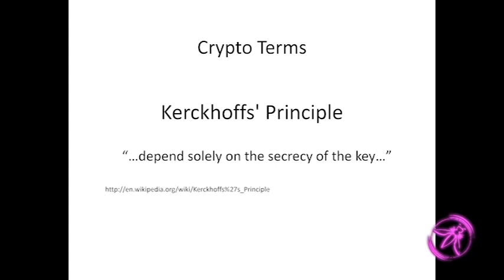If you don't assume that, and you assume you can keep other things secret as well, like your algorithms, your protocols, that makes your system more fragile, and it tends to make the system insecure overall. The more things that you have to keep secret, the less likely you're going to be able to keep them secret. So Kirchhoff's principle is a really good assumption to make when building and designing crypto systems and implementing them.